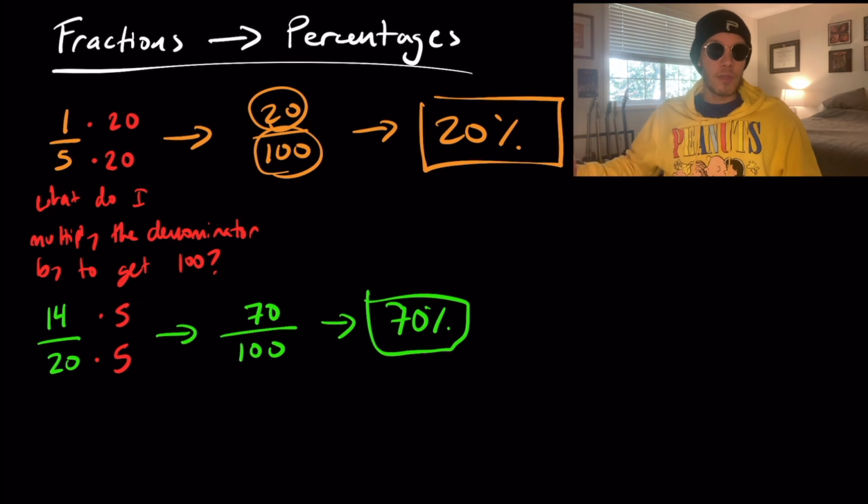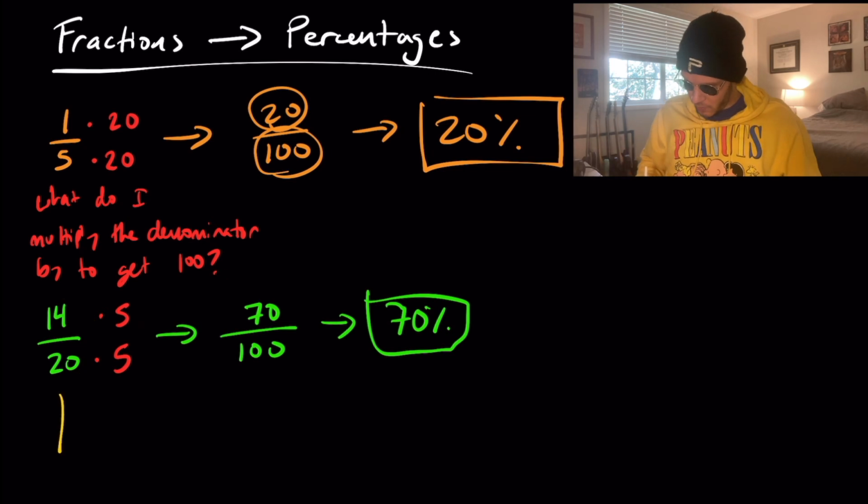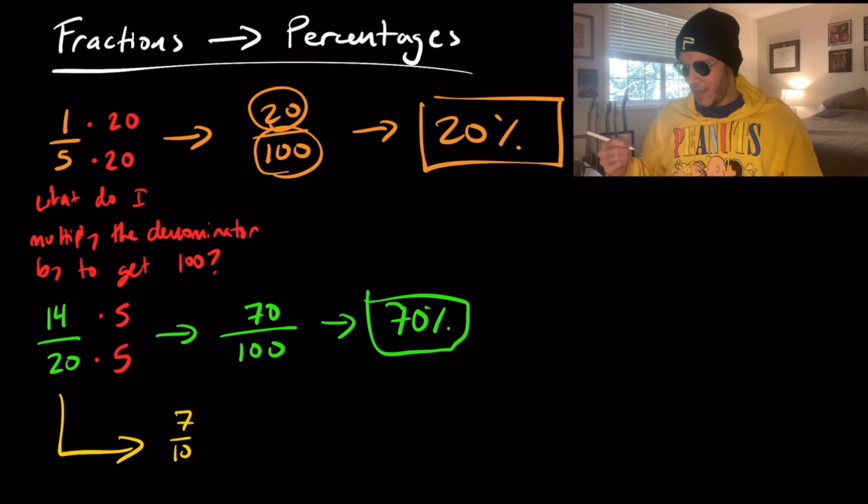Another thing you can do to make your life a little bit easier is, if the fraction you're starting off with already can be simplified, just go ahead and do that first. So I can reduce 14 over 20. I can divide both 14 and 20 by 2, so that'll give me 7 over 10. Then I'll ask that question again.